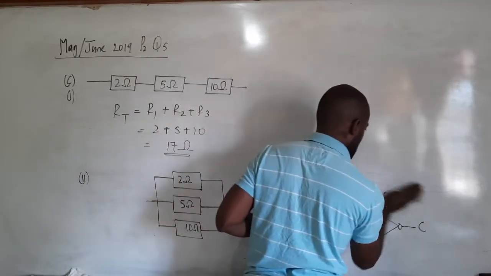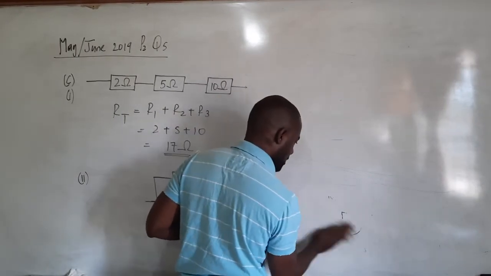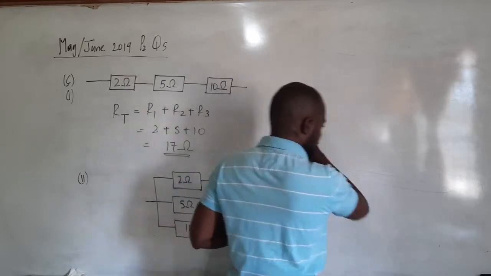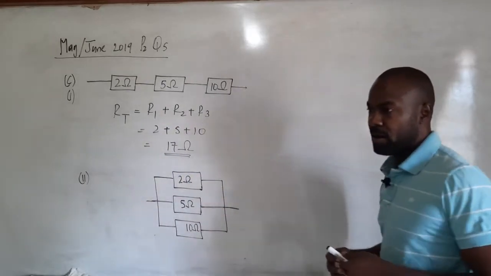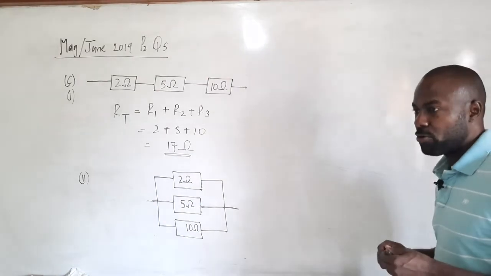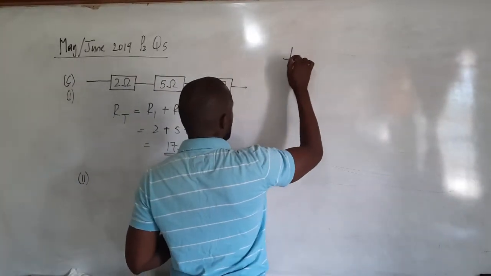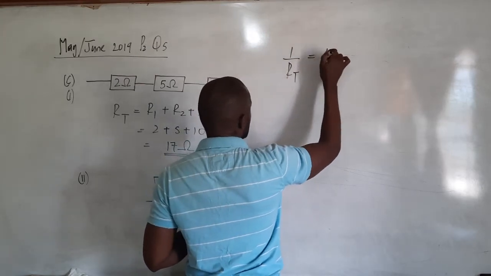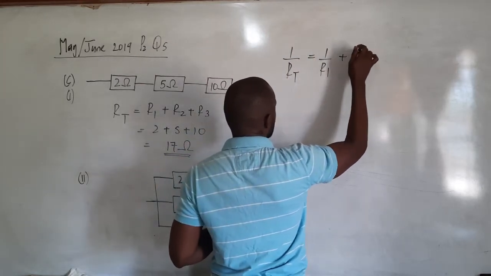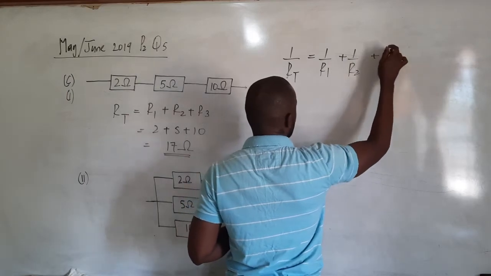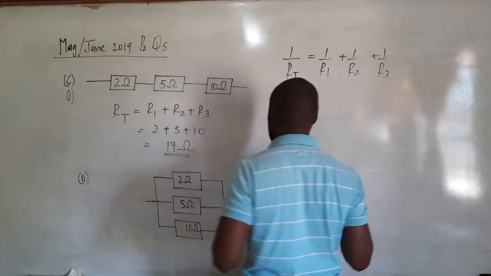Right, so let's do this. So if you recall, whenever resistors are connected in parallel, the formula which relates the equivalent resistance RT is given by 1 over RT equals 1 over R1 plus 1 over R2 plus 1 over R3, right?